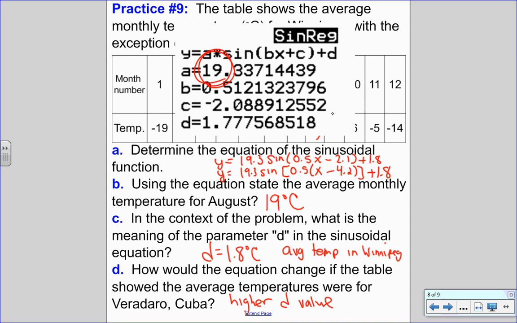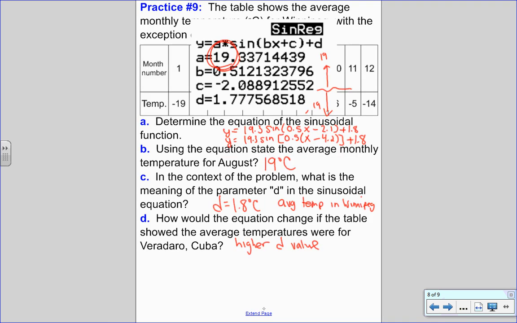So what that means is from the average of 1.8, we'll call it about 2, it goes up 19 degrees and it goes down 19 degrees. So it fluctuates quite a bit, cold to hot. I think in Veradero, Cuba, the temperature is pretty static or constant throughout the year. So I think it's not going to vary 19 degrees back and forth. So if this was in Cuba, there will be a lower A value, which is the amplitude. Higher D, lower A.